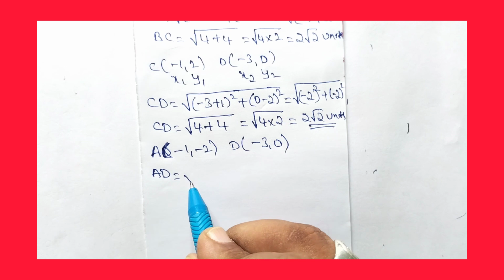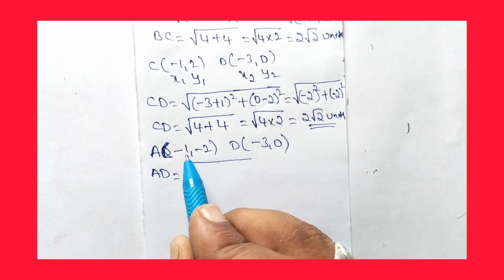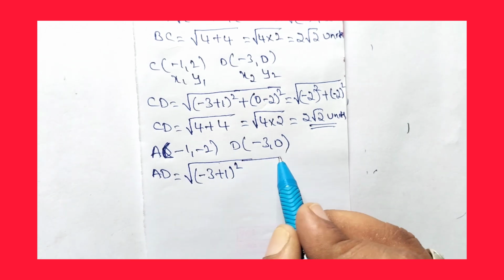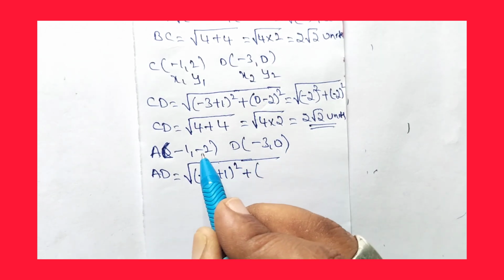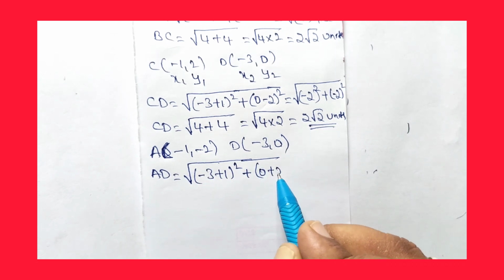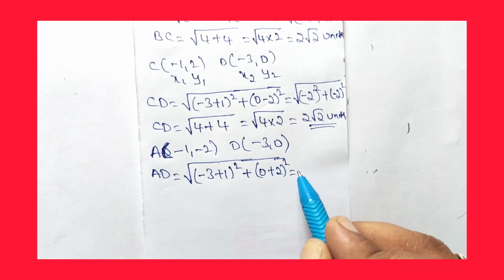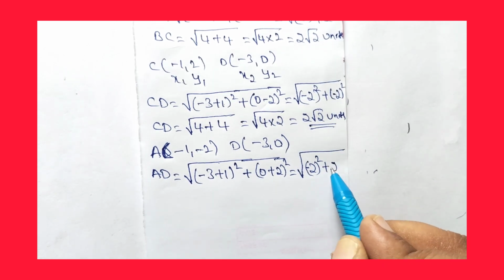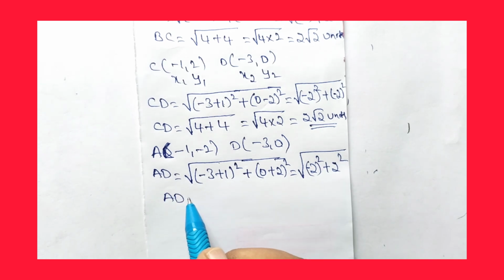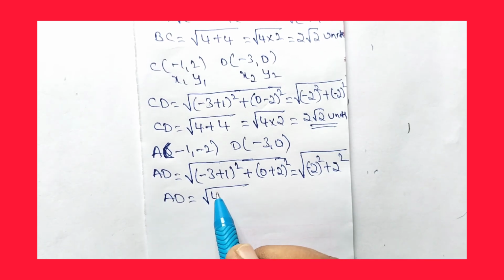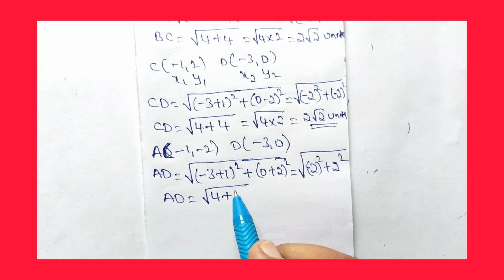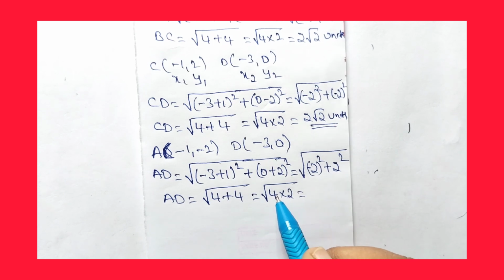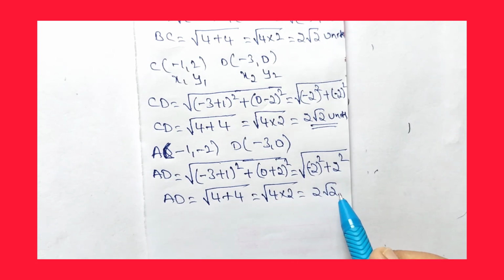AD is equal to the square root of minus 3 minus minus 1, that is minus 3 plus 1, whole square, plus 0 minus minus 2, that is 0 plus 2, whole square, is equal to the square root of minus 2 whole square plus 2 square. So AD is equal to the square root of 4 plus 4, that is square root of 4 into 2, so 2 root 2 units.